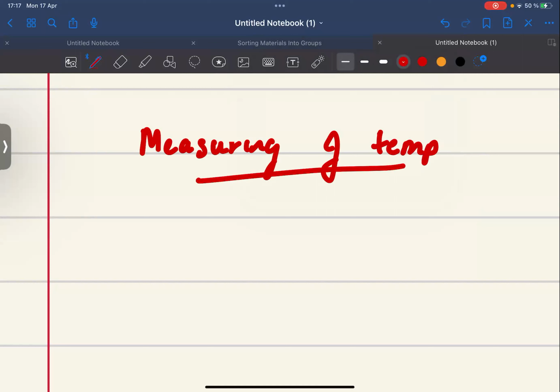You have seen a thermometer, right? Have all of you seen a thermometer? What is there in a thermometer?